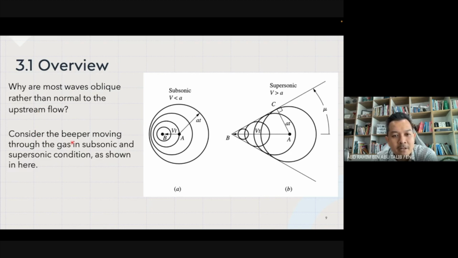Consider a beeper moving through the gas in subsonic and supersonic conditions, as shown in figures A and B. For subsonic, the velocity of the moving beeper is less than the speed of sound, whereas in supersonic, the velocity is more than the speed of sound.